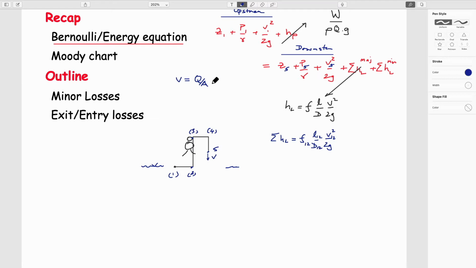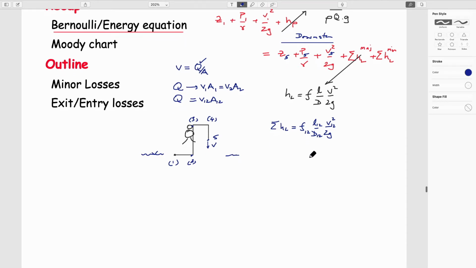Typically we'd know what Q is, so we could use that to calculate that velocity 1 times A1 equals velocity 2 times A2, etc. So velocity 1-2 would be equal to some constant flow rate over area. This is much too complicated for an exam question, so don't worry about it, understand it for the sake of understanding more than anything else.